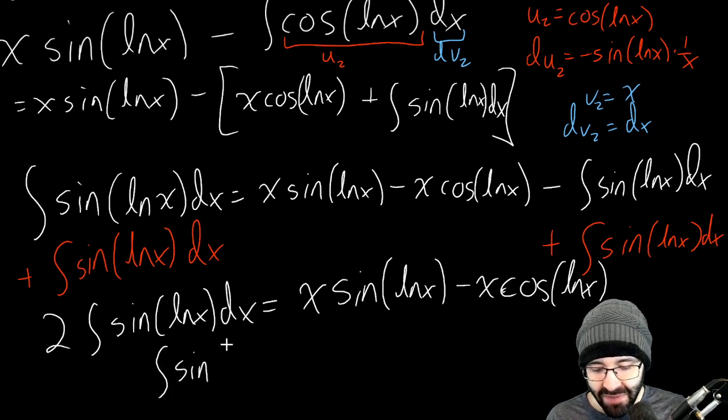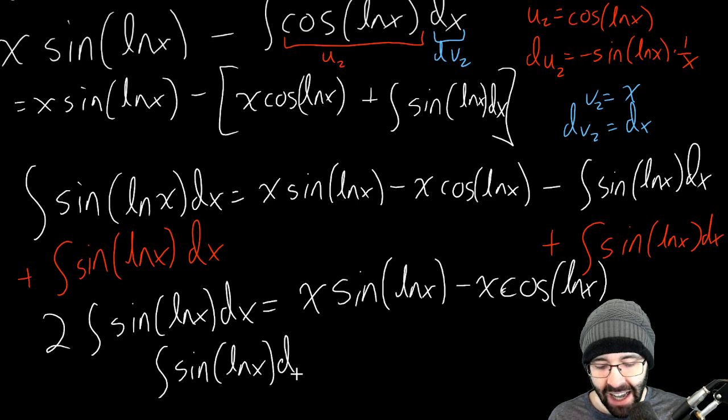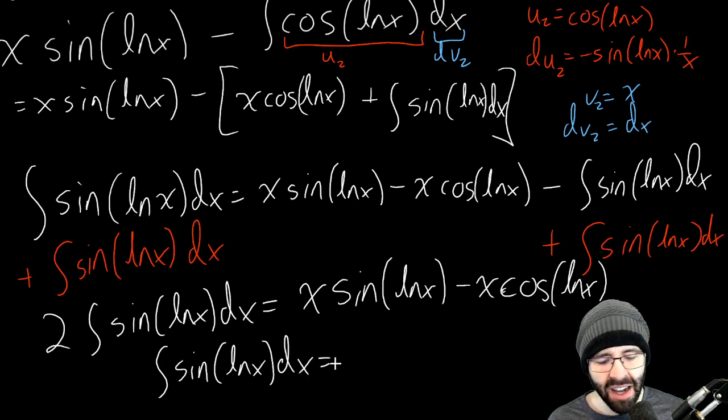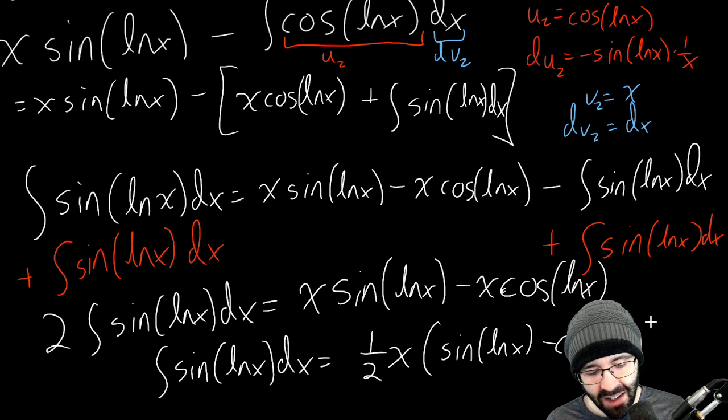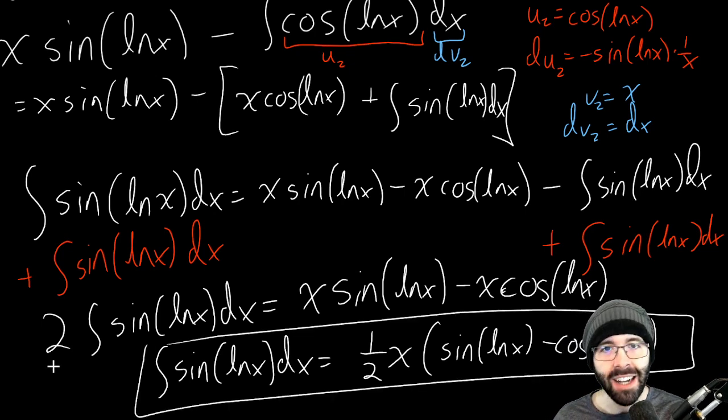The integral of the sine of natural log of x dx. Let's also factor out an x. It's x over 2 times the sine of ln x minus the cosine of ln x. We did it. Isn't that wacky?